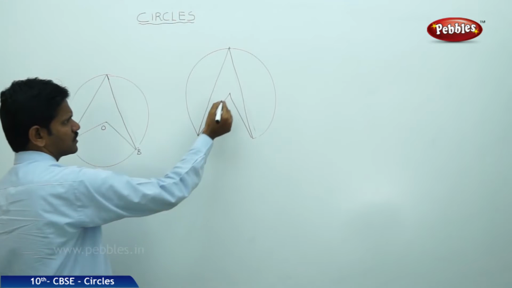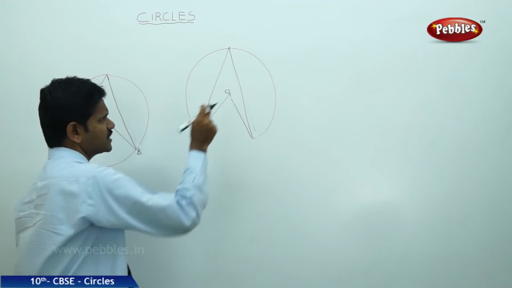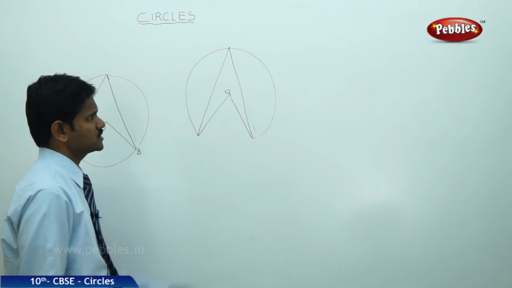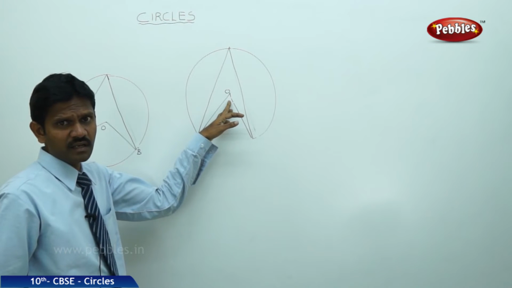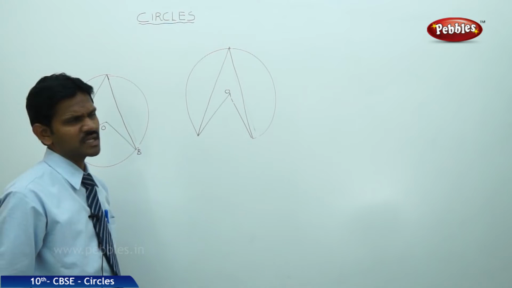That is, the angle subtended by an arc at the center is double the angle subtended by the remaining part of the circle.